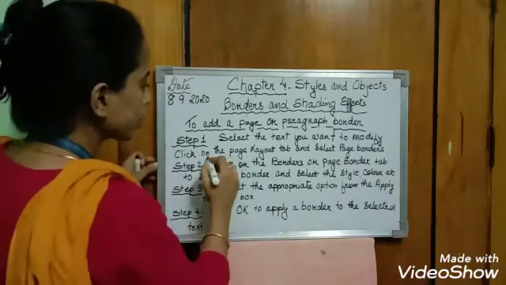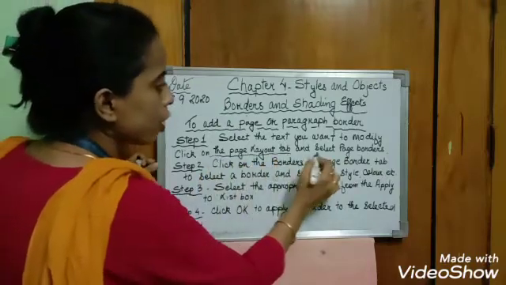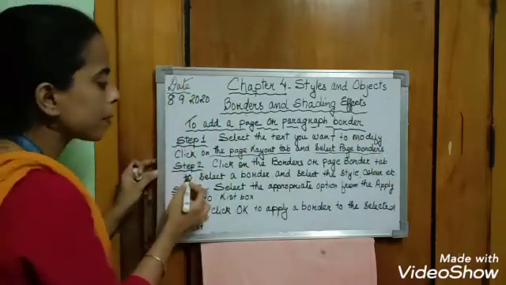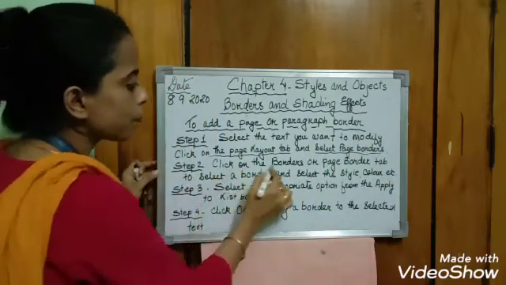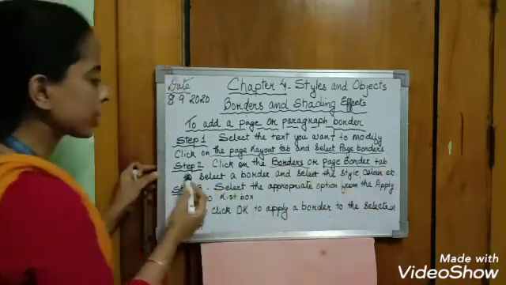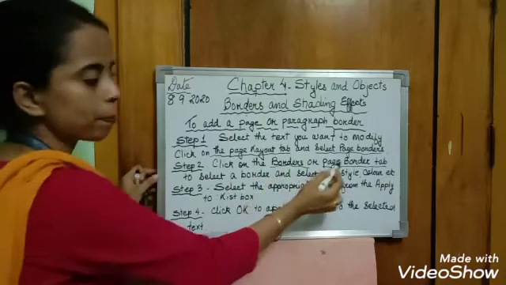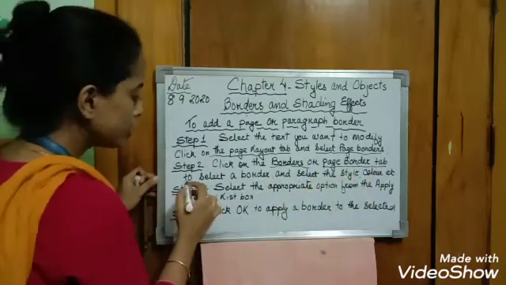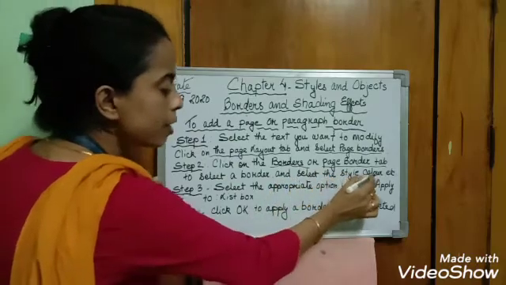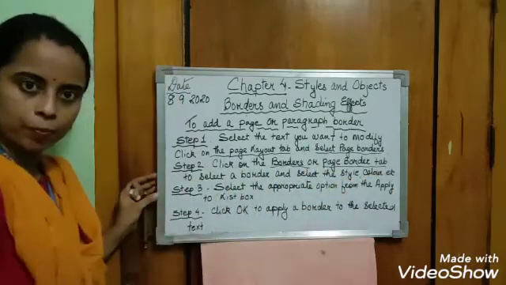Where do you have to click? Click on the Page Layout tab or select Page Borders. Alright. Step number 2: click on the Borders or Page Border tab. Click on the Borders or Page Border tab to select a border and select the style and color of the border.